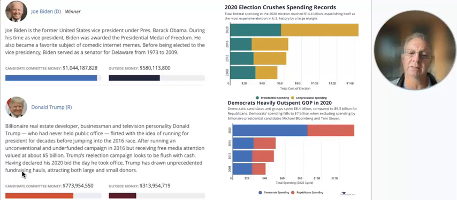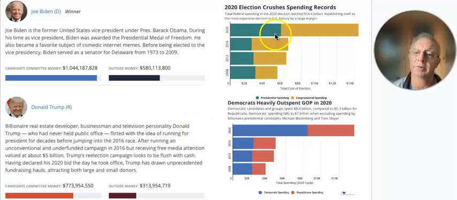There's also that outside money category. This would refer to the super PAC and political action committee donations, whereas the Trump campaign raised $773 million and $313 million in outside money from political action committees.